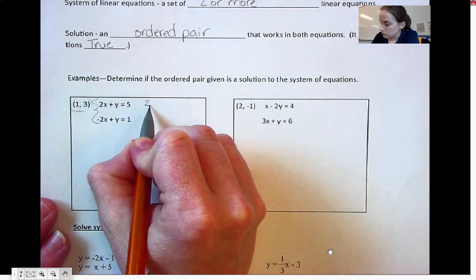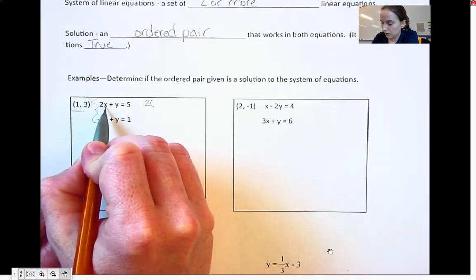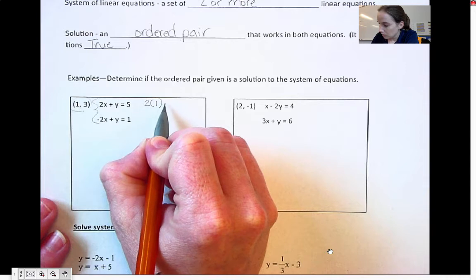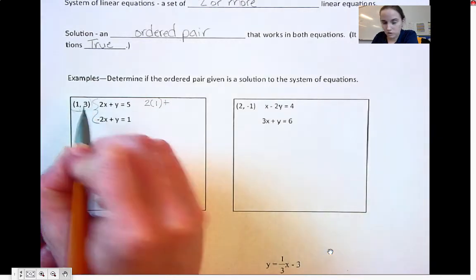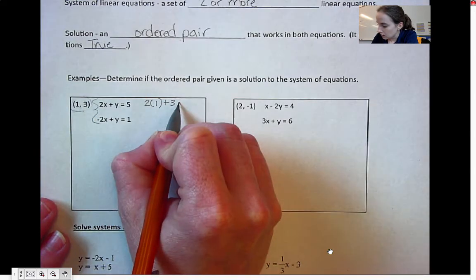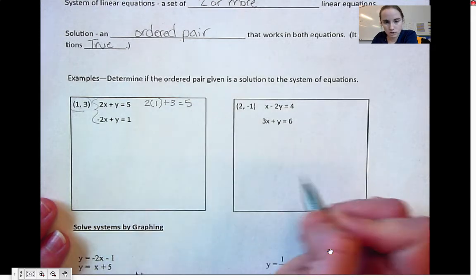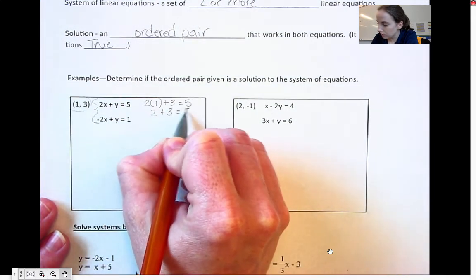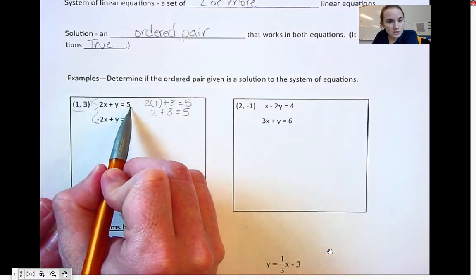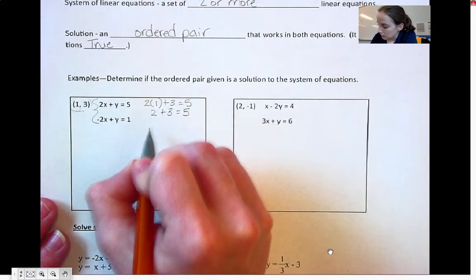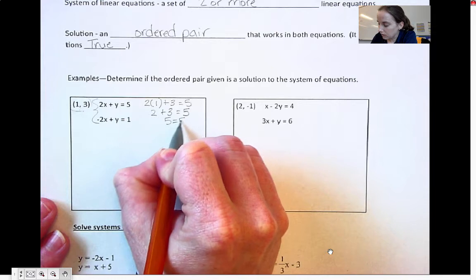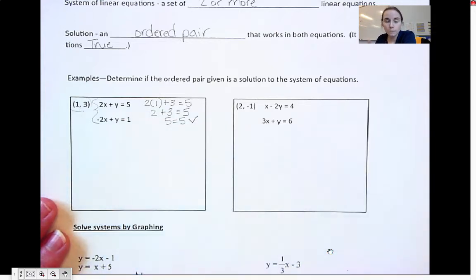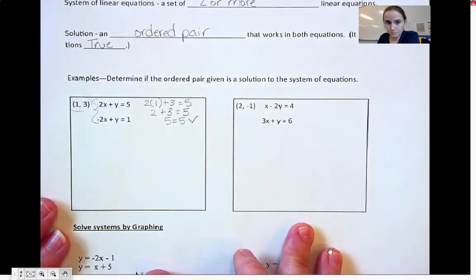So 2 times the 1, because that's your x, plus the y value, which is 3, equals 5. This is equation number 1. We get 2 plus 3 equals 5. Well, 5 equals 5, and so it is true for equation number 1.